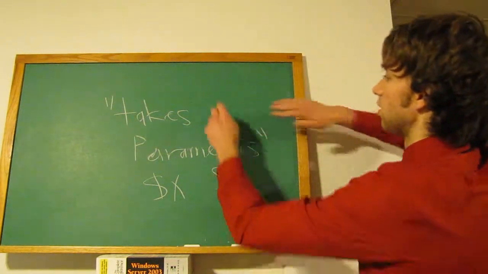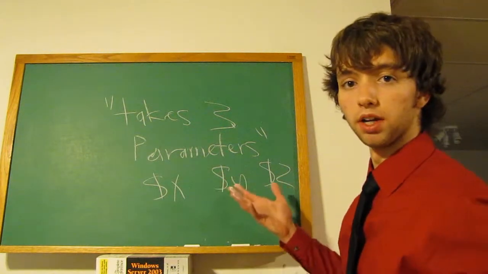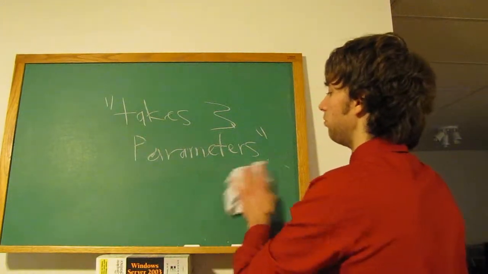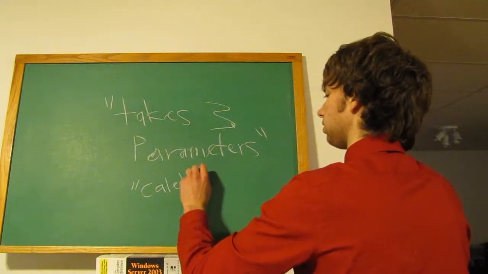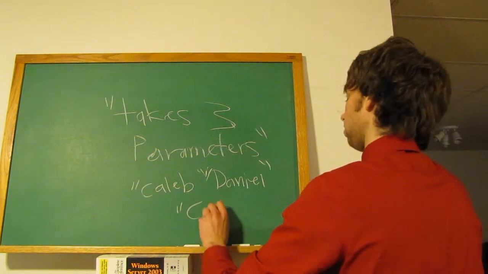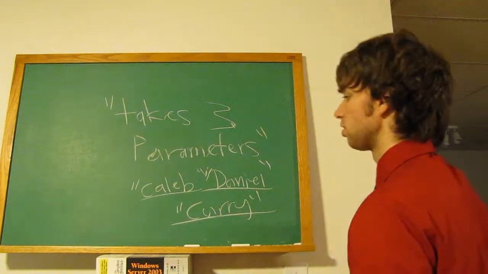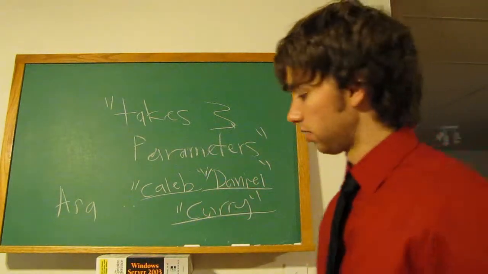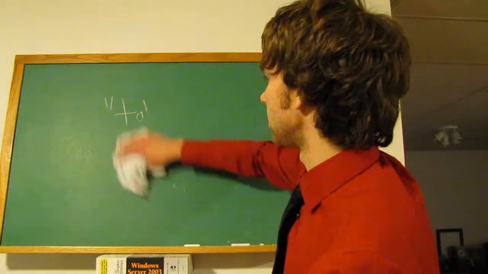If I said it takes 3 parameters, that means it takes 3 temporary variables that hold values. The actual values I give it, such as Caleb, Daniel, and Curry, 3 separate values, those are the arguments. Now that I got that out of my way, I think I'm ready to move on. Hopefully that makes good sense.